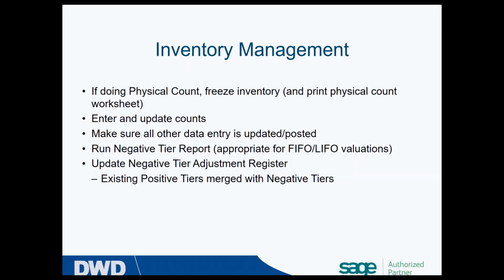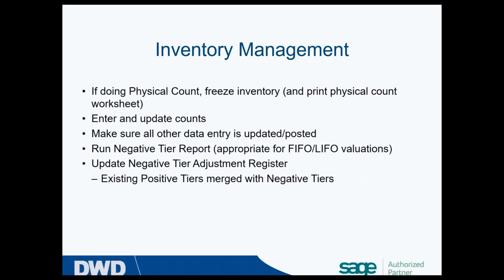Okay, I'm going to jump over here to some inventory. And then when I get done with that, I'm going to go back through and talk a little bit about some other things to watch out for when we are trying to reconcile at the end of periods.